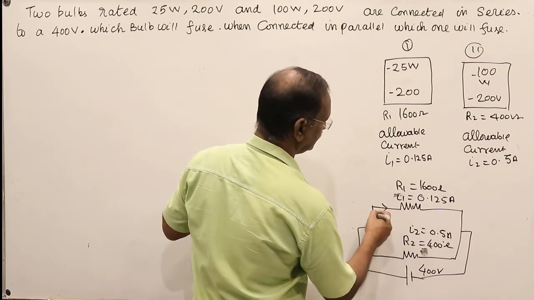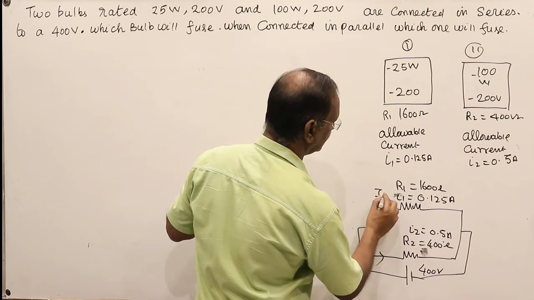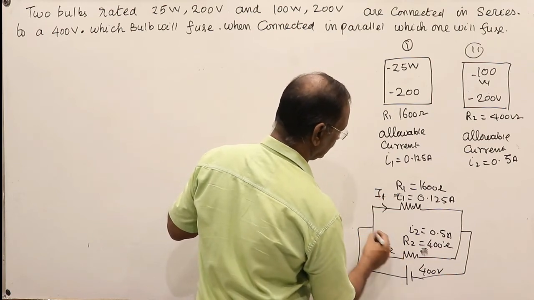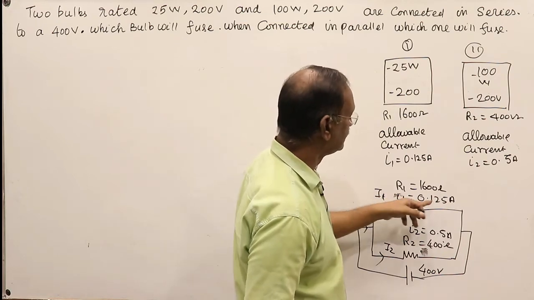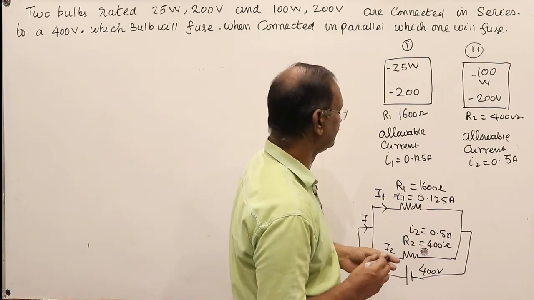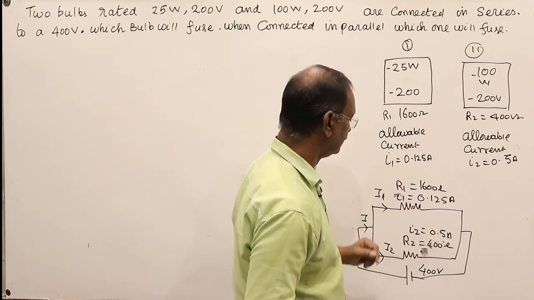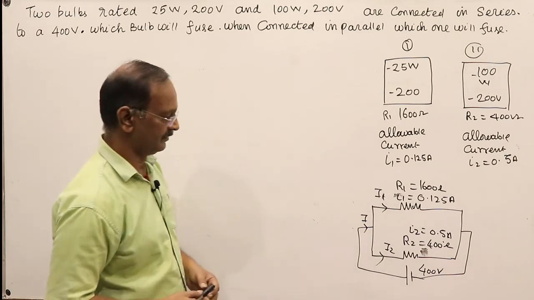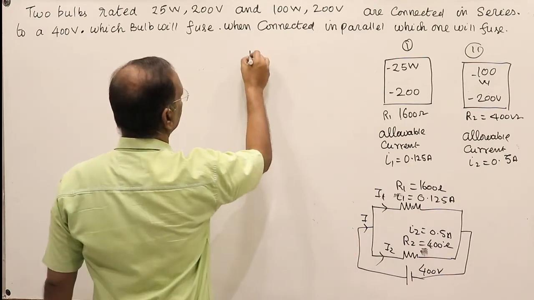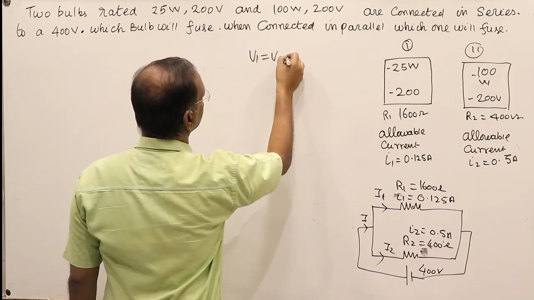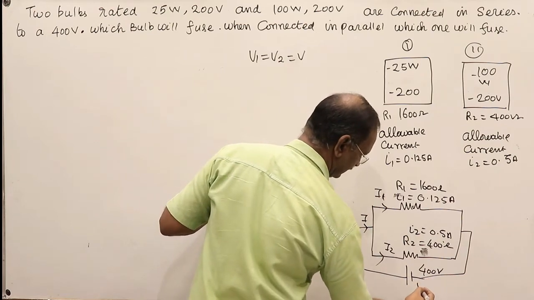This is I1 flowing, this is I2 flowing, and this is I. Now the flowing current should be less than the rated current, then only it will not fuse. Let us find out I1. Since both are in parallel, V1 is equal to V2 is equal to the applied voltage.